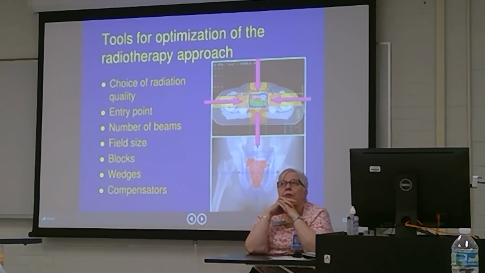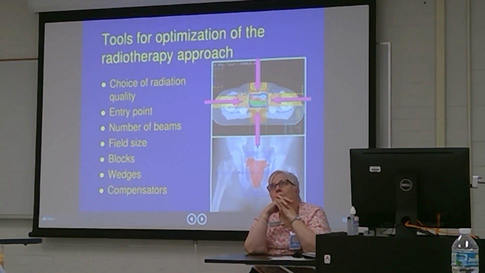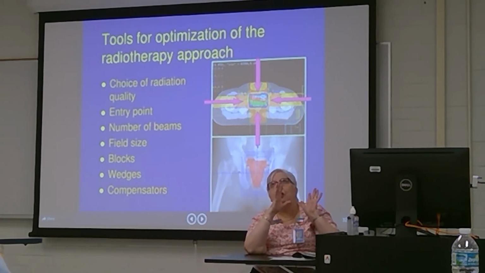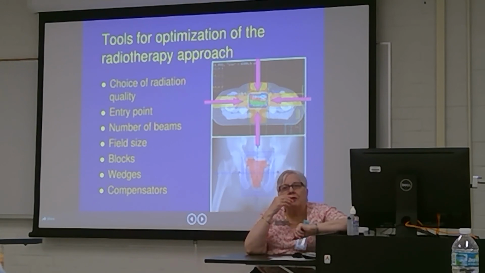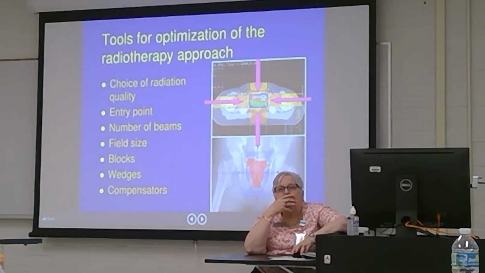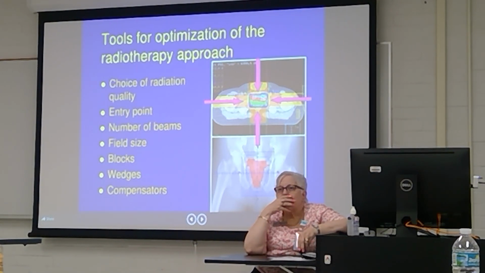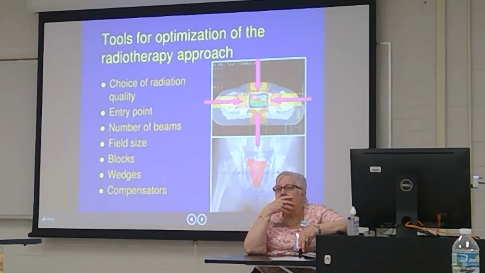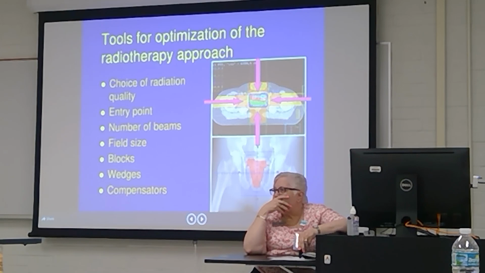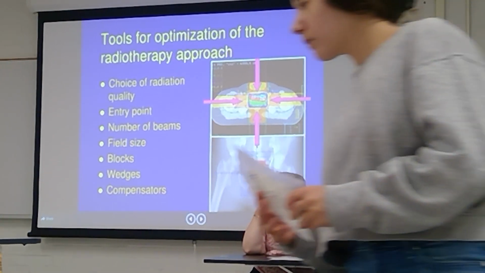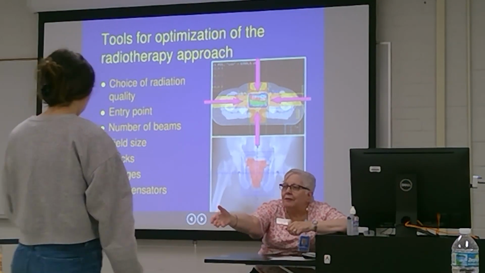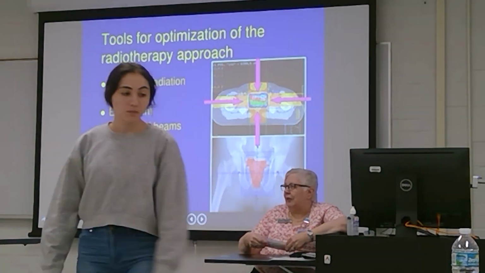And so how do you tell which are tattoos and which are setup points and which are treatment entry points? Different colors. Okay. So which are which? Blue is CT. Thank you. Green is treatment. Okay.